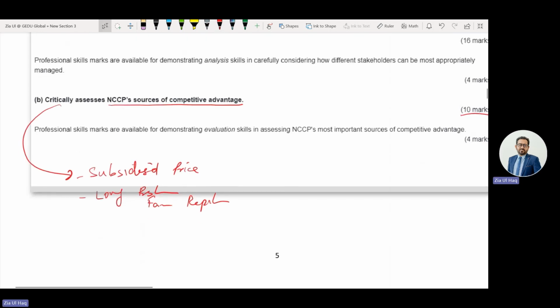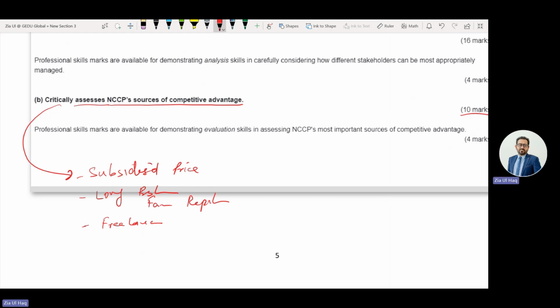What else can we discuss? Now we need to assess both positive and negative points. The company is using freelancers, and freelancers might be working in other training companies as well.